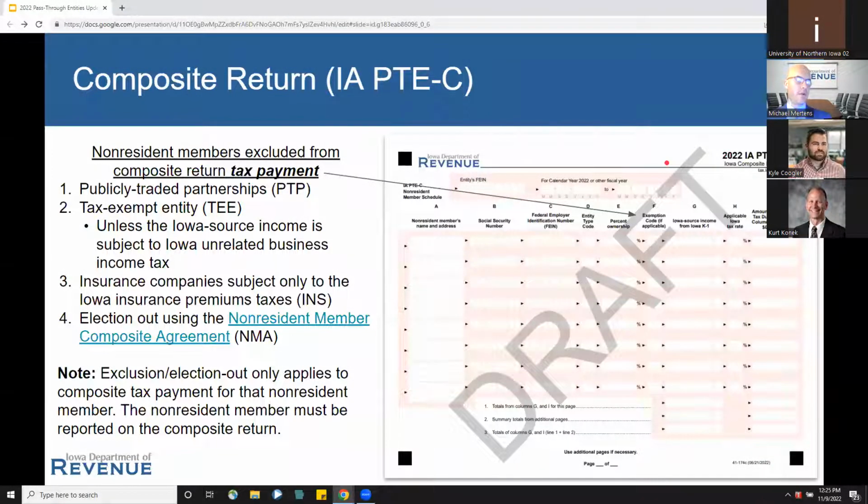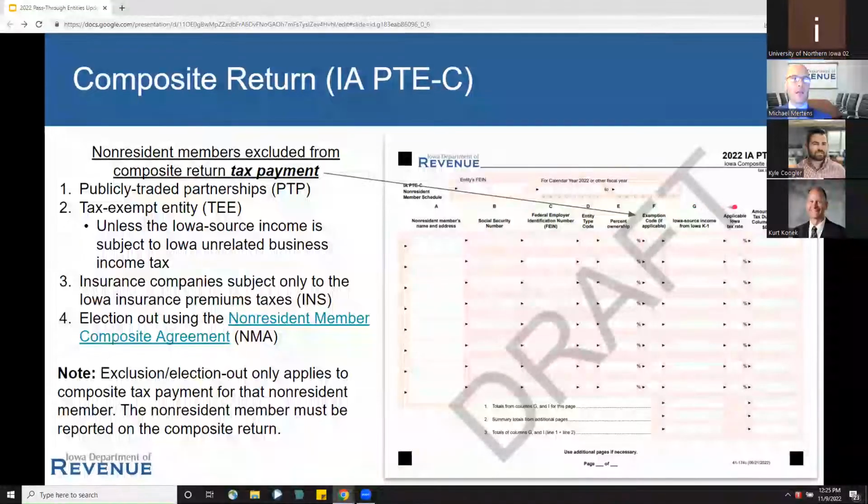The non-resident member still must be reported on the composite return, and that non-resident member's exemption code logged in the appropriate column. So if you have a particular non-resident member who has elected out or is otherwise exempt from the composite return tax payment requirement, you'd be filling out columns A through F, and then you would stop.